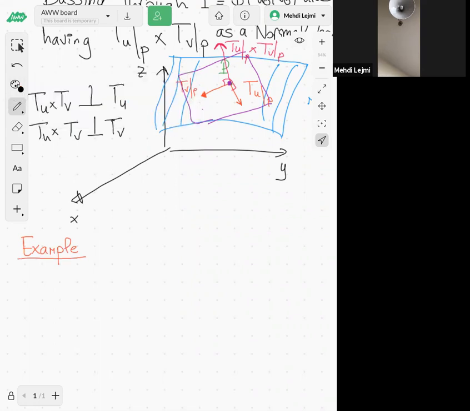Let's say I'm going to take an example of a single cone. Again, a single cone is just this cone here on the top. This is my single cone. That's a surface, of course.